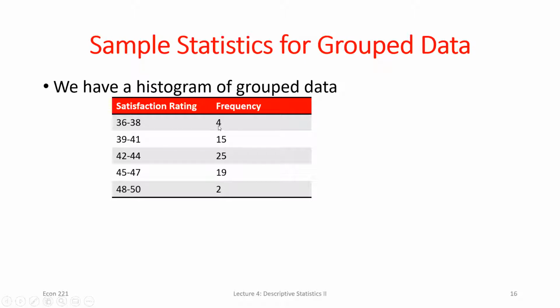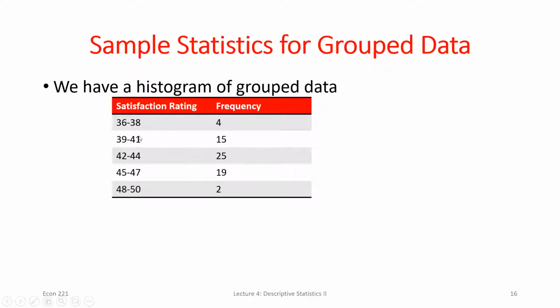There were, say, 4 observations that gave it a satisfaction rating between 36 and 38. There were then 15 people who gave it either a 39, a 40, or a 41, and so forth. But this is the only data I can observe.